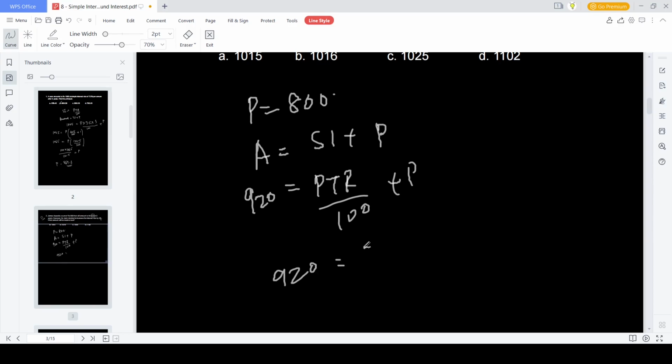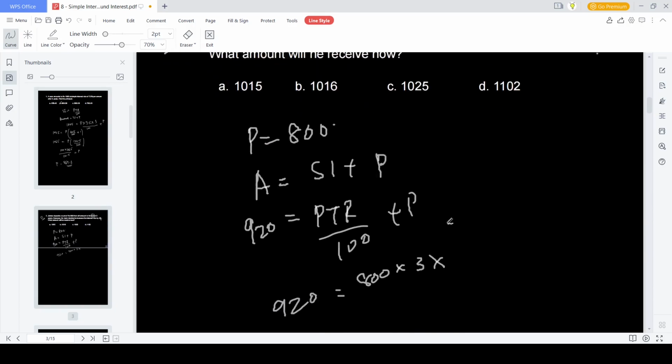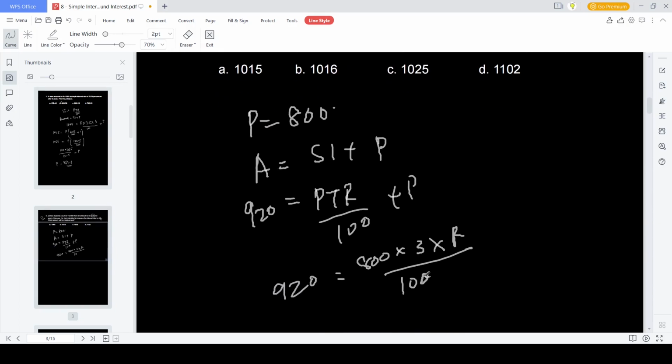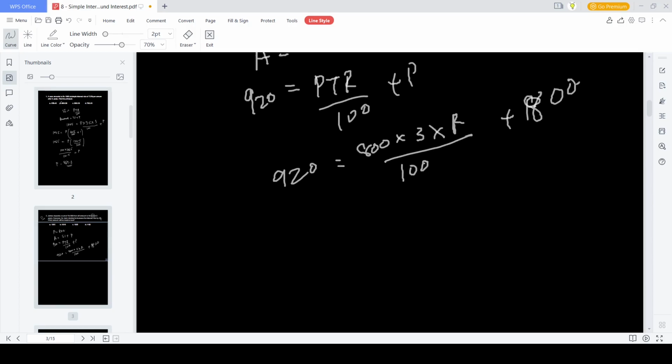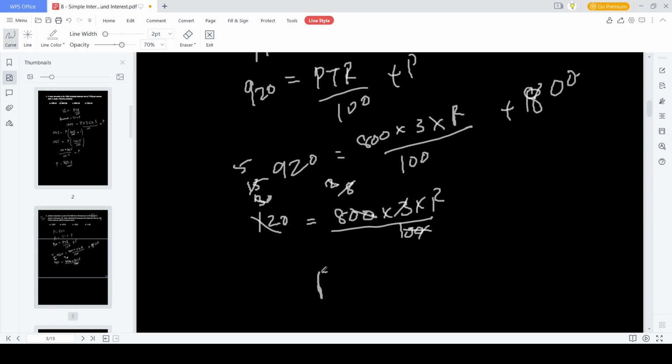So 920 is equal to principal 800 into time 3 years into rate R, which is what we have to find, by 100, plus 800 again. Taking 800 to that side, you get 120 is equal to 800 into 3 into R by 100. Cancelling, this gives 15 times R, so the rate is 5%.